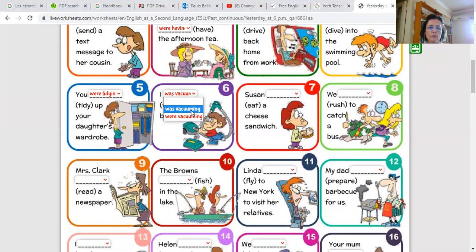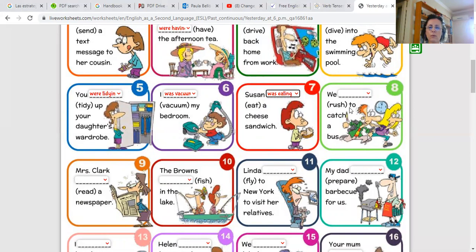Uno de los procesos de formación de vocabulario es también cuando viene del nombre propio del aparato, el verbo. So this is a process in vocabulary, in word formation. Yes, derivation. Okay, so yes, here, Susan, eat a cheese sandwich. Susan was eating.